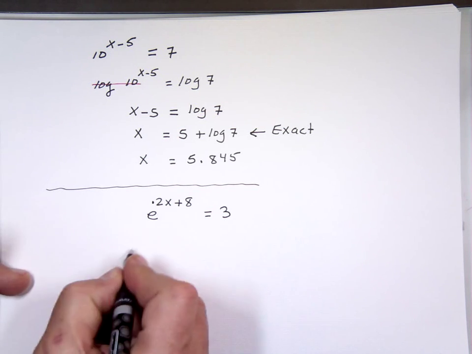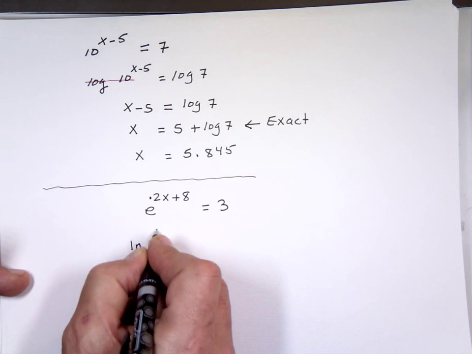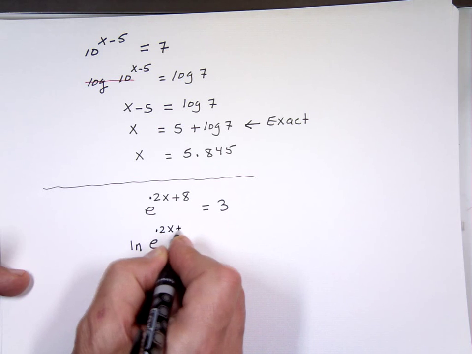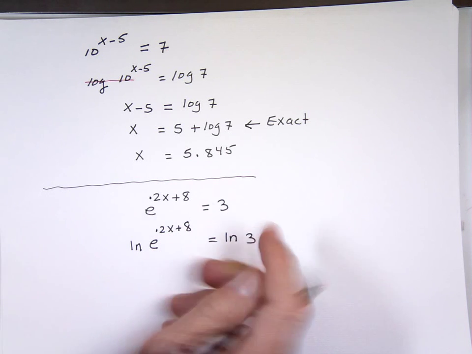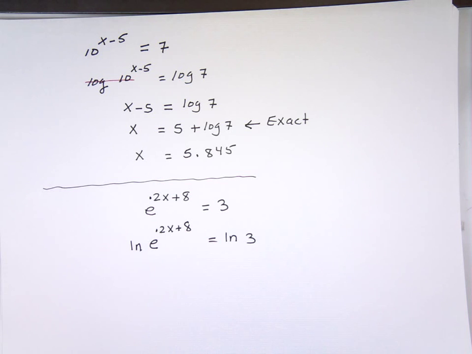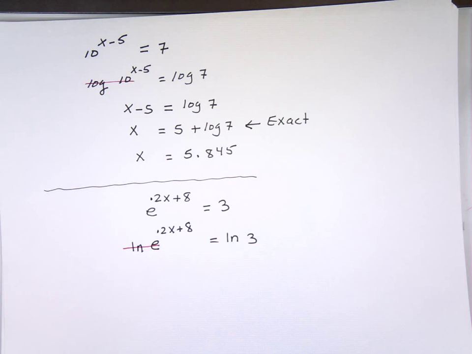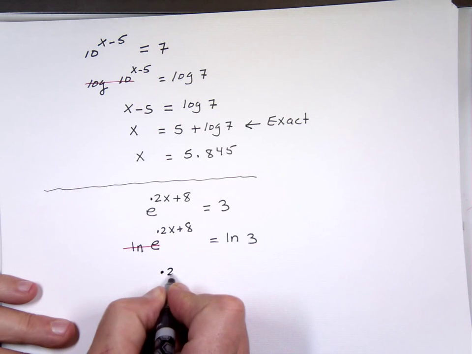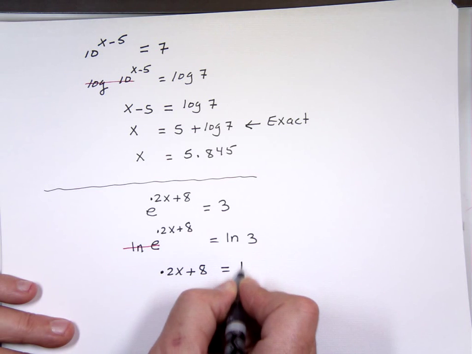Natural log. When you have e to the power, use the natural log. And I said the natural log and e, they will cancel each other out. So what do you have left? 0.2x plus 8 equals the natural log of 3.